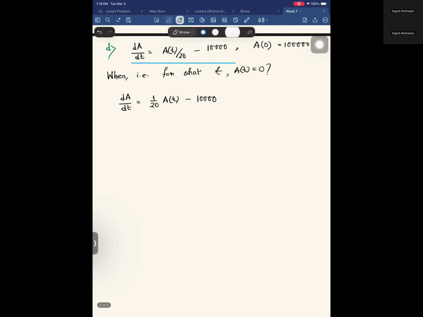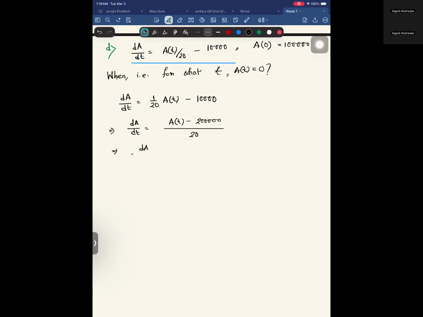Well, perform the separation of variables. So dA/dt equals A(t) minus 200,000 over 20.